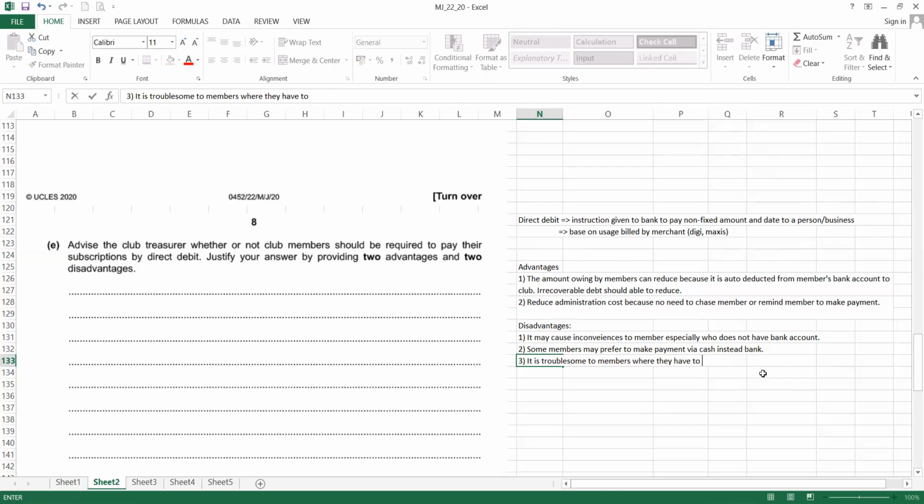The form is normally prepared by the club for you. So it's troublesome to members where they have to fill up the instruction form. This is not a major problem, just a minor one, but it creates inconveniences to the member.